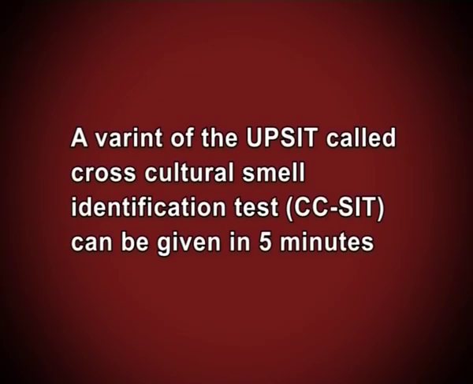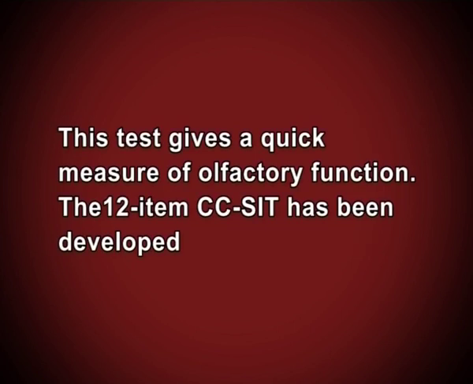This test has excellent test-retest reliability. A variant of the UPSIT called the Cross-Cultural Smell Identification Test, that is CCSIT, can be given in 5 minutes. This test gives a quick measure of olfactory function.